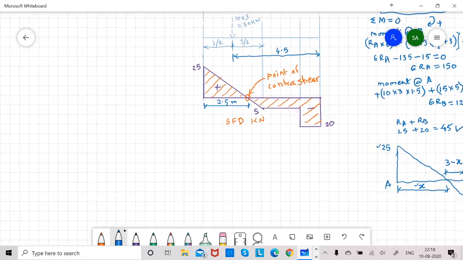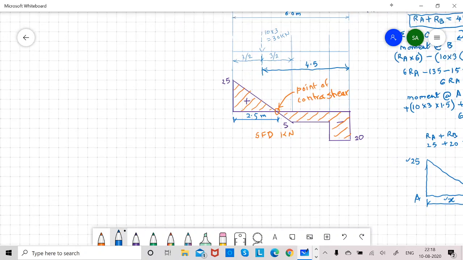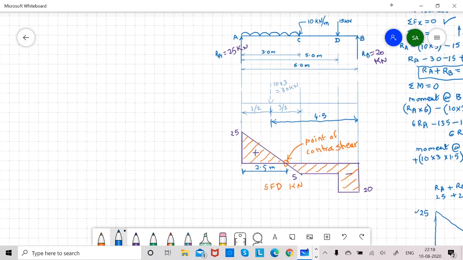Now to calculate the bending moment at each point, let us first consider the bending moment sign convention. This is the section: clockwise moment on the left hand side of the section and anti-clockwise moment on the right side of the section we consider as positive.